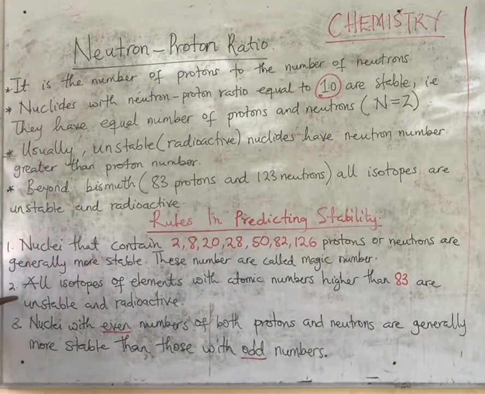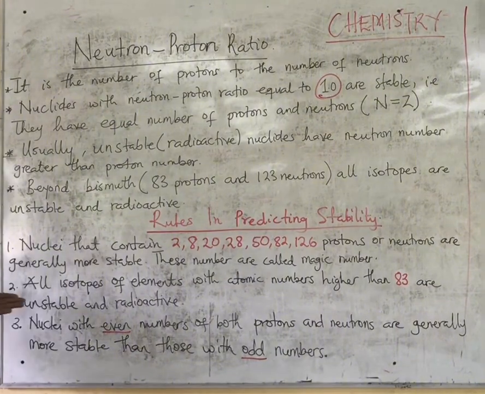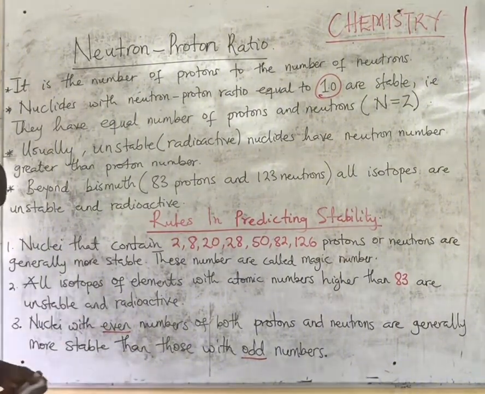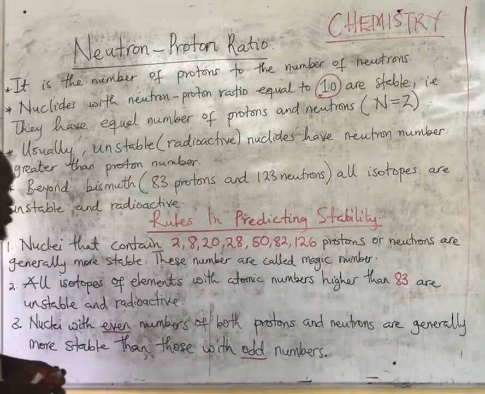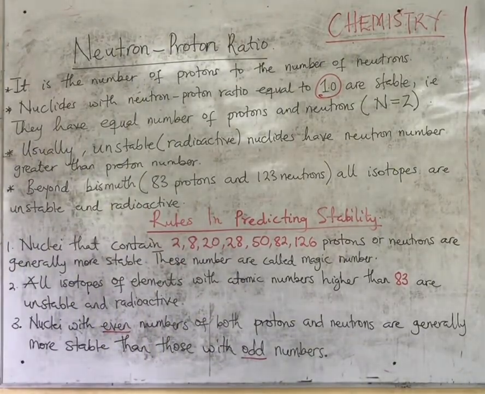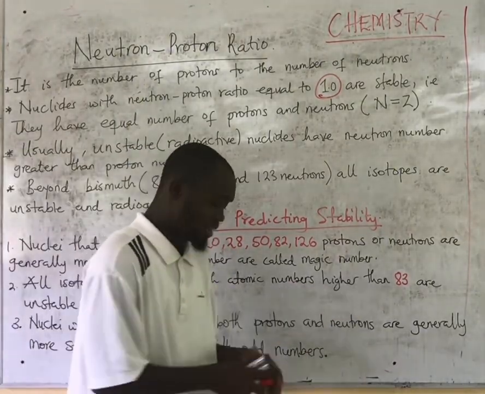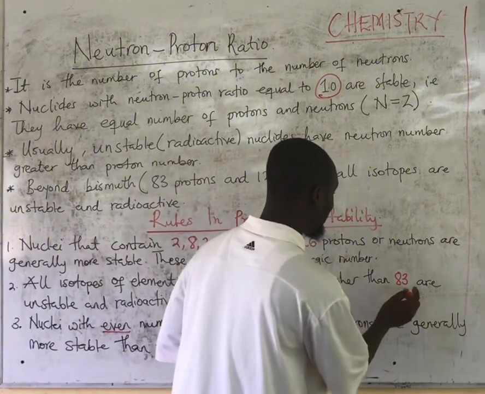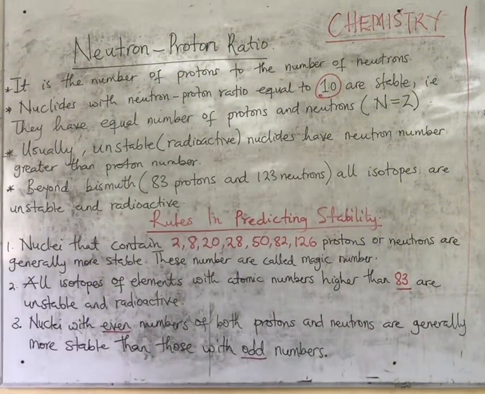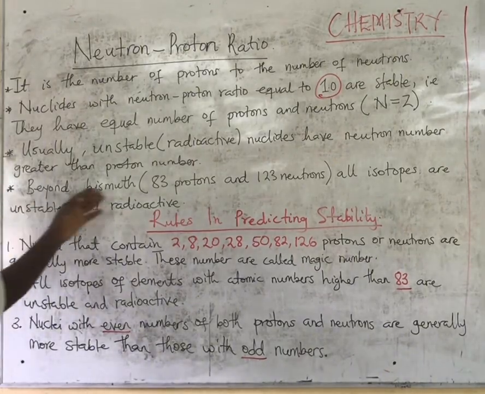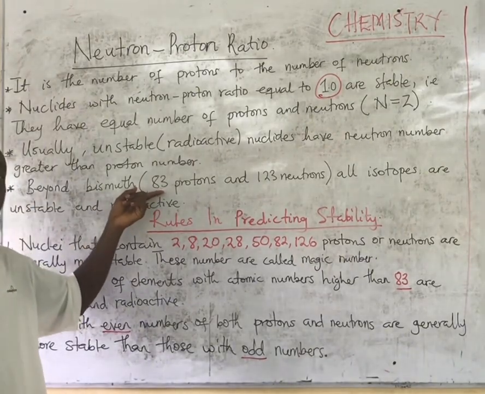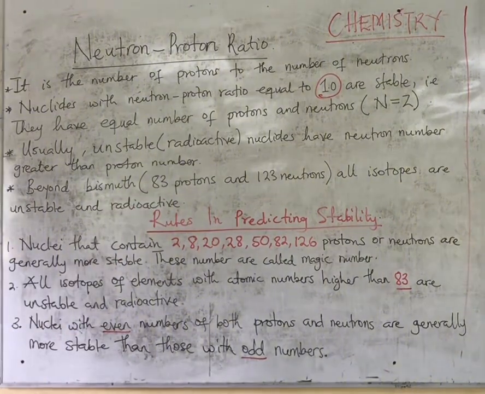Another rule we can use to predict: all isotopes of elements with atomic numbers higher than 83 are unstable and radioactive. So that is elements beyond bismuth. They are all unstable.